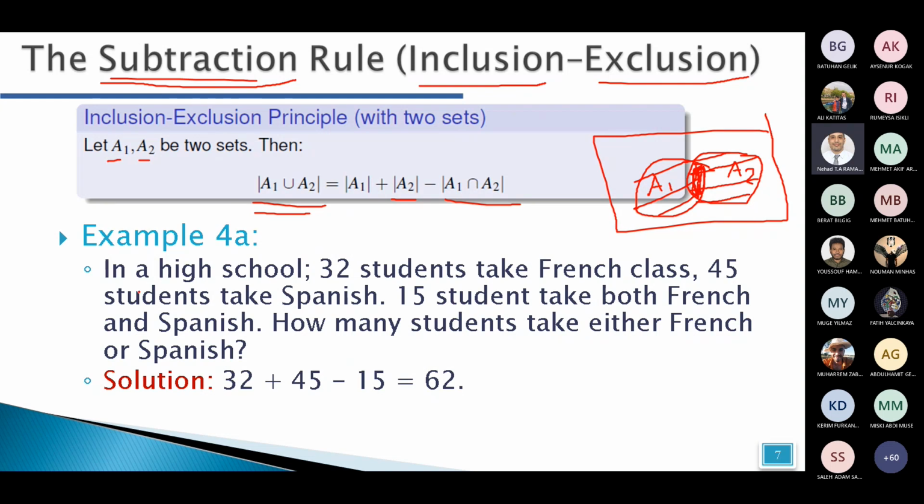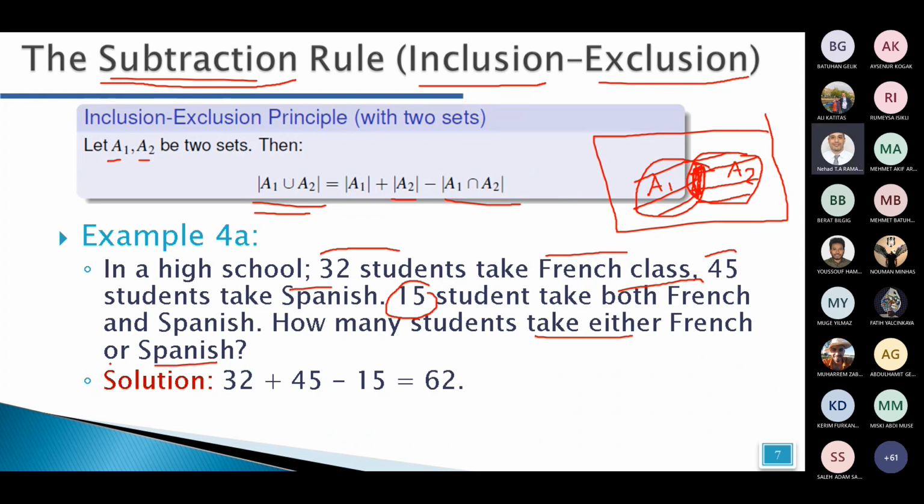Let's take this example. In a high school, 32 students take French class, 45 students take Spanish, and 15 students take both. So there are 15 students shared between the French class and Spanish class. How many students take either French or Spanish?